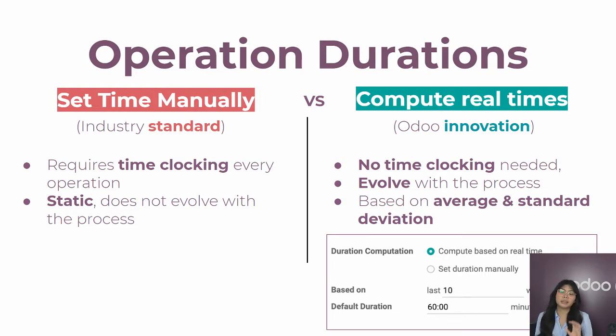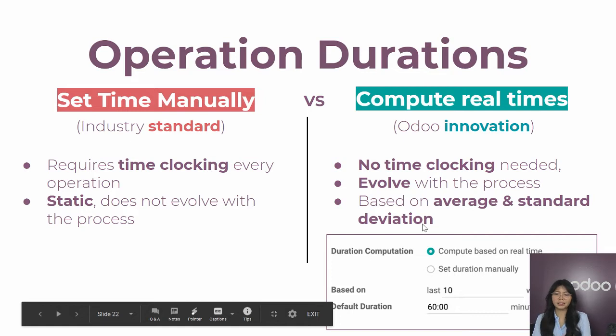Pwede ko siyang iset manually or pwede ko rin na i-compute siya based on real times. Depende kung ano yung historical na computation or kung ano yung historical na timer. So, nakikita natin na pwede tayong magkaroon ng difference between kung ano yung ating standard times and kung ano yung talagang nagagamit natin. So, makikita mo kung gaano ka-effective or kung gaano ka siguro kabagal gumawa ng inyong mga processing.